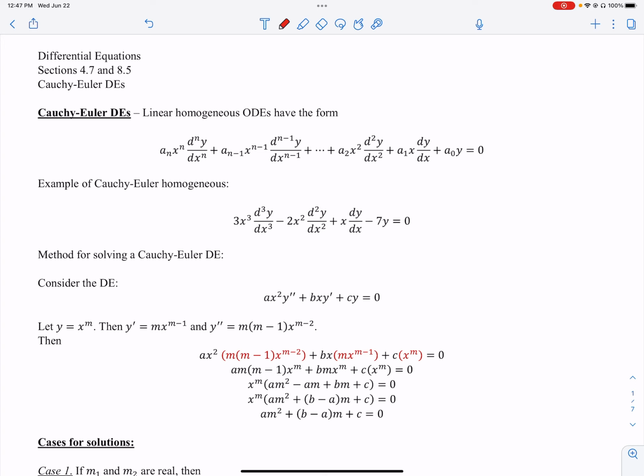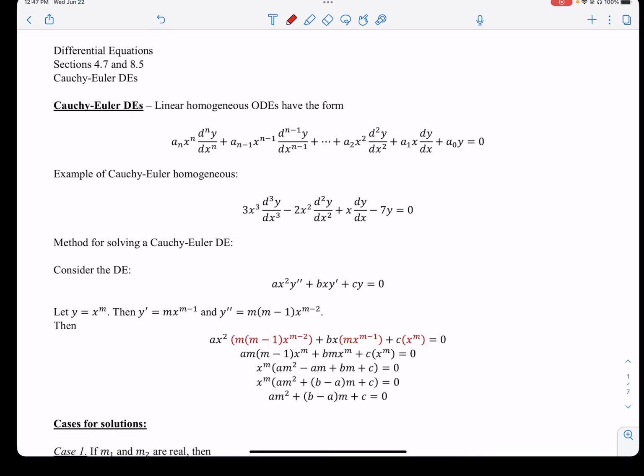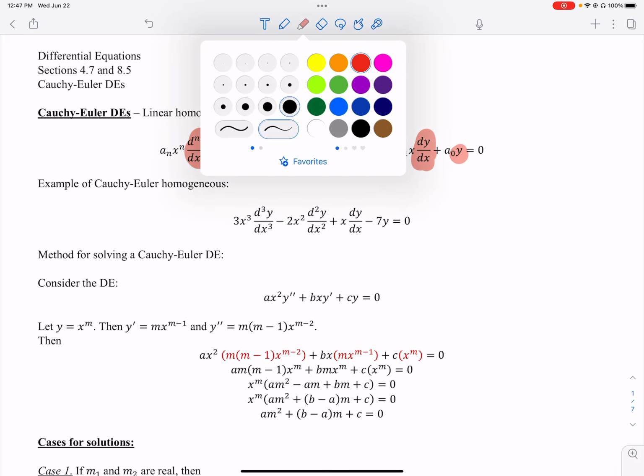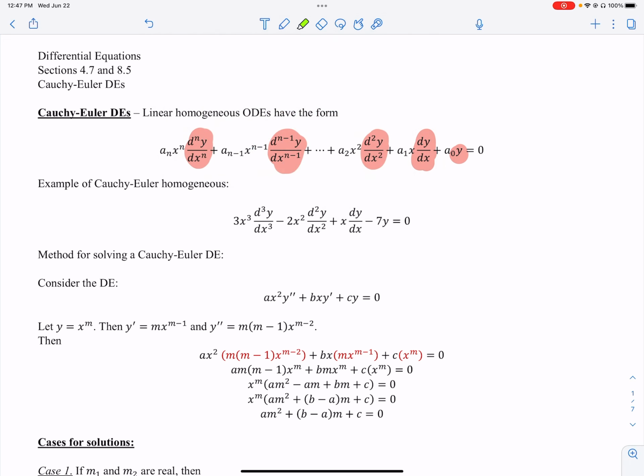When I have a Cauchy-Euler DE, the difference from what we've been working with is we still have this linear relationship among our y's. That's still linear. The only thing that has changed now is that we have x to the n minus 1, and it counts all the way down to x, and then the y term has nothing.